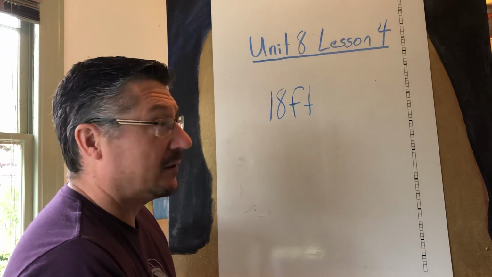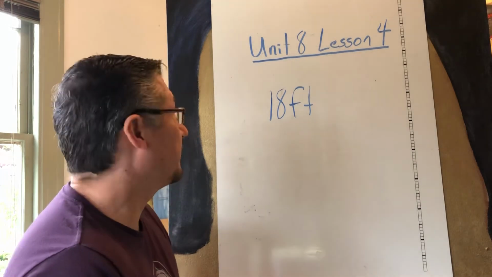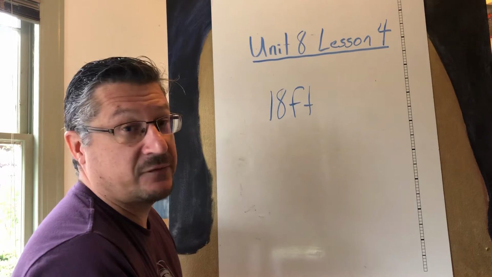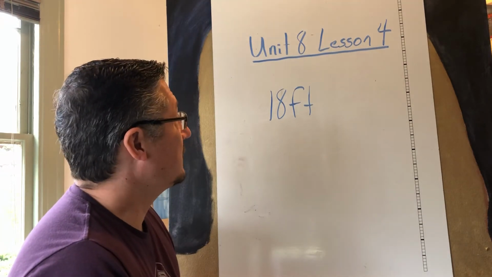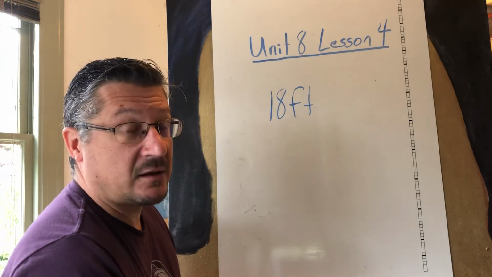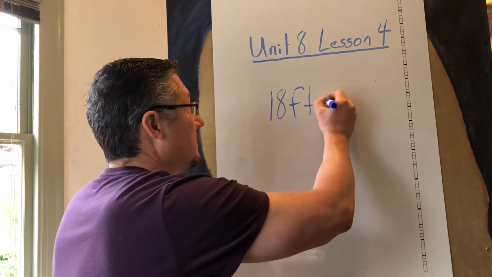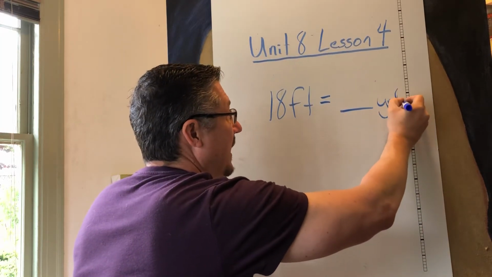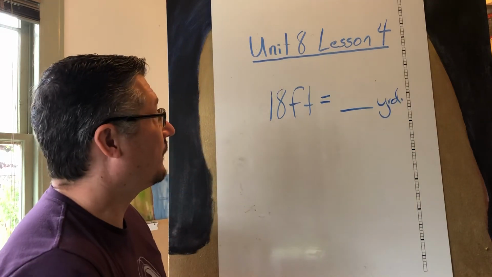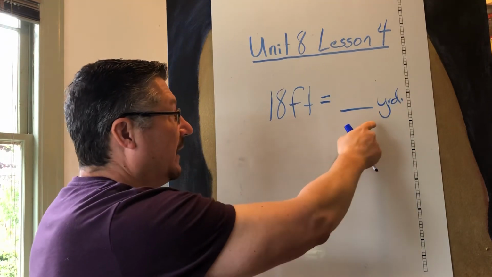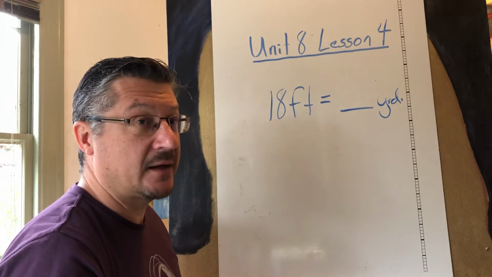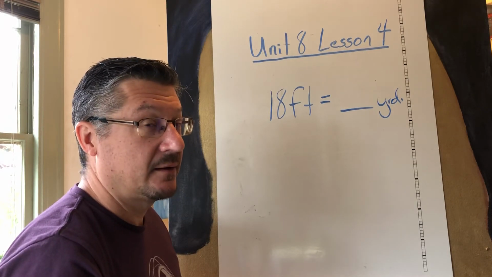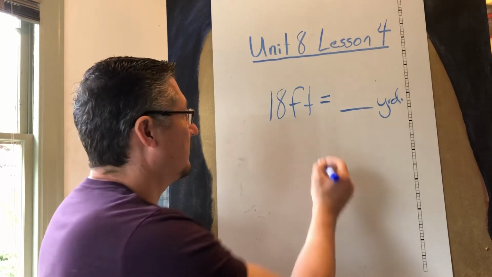So I'm going to make a banner, congratulations 5th graders, and it's going to be 18 feet long. Okay, but the cloth store only sells in yards. So I need to know how many yards to buy. So, well, I'm going from small to big. So what is that, divide or multiply? Think about it.